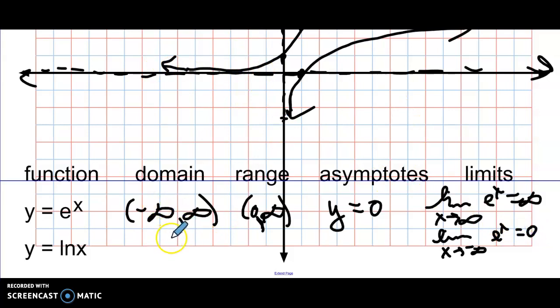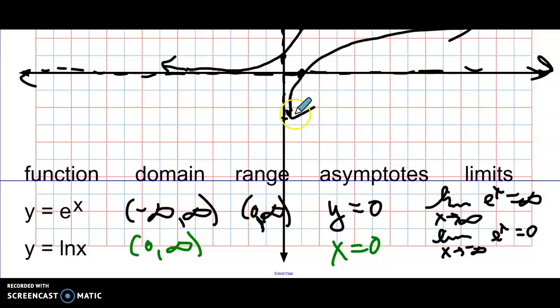So with natural log, it's going to be reversed. The domain of the natural log is the range of e to the x. Makes sense, doesn't it? Look at the x values. I have a vertical asymptote here at x equals 0. So the smallest x could possibly be, well, it can't even be 0, but it gets really close to 0.